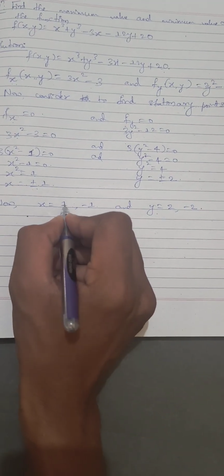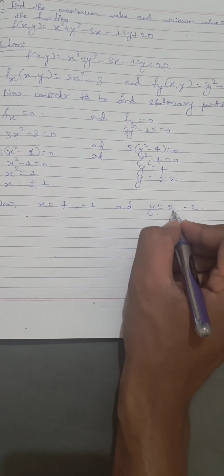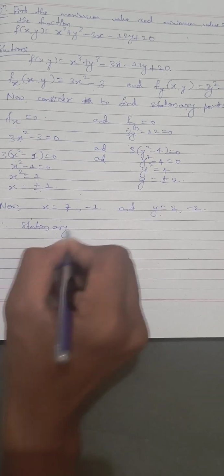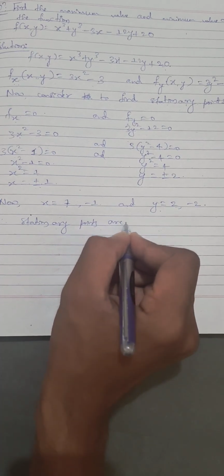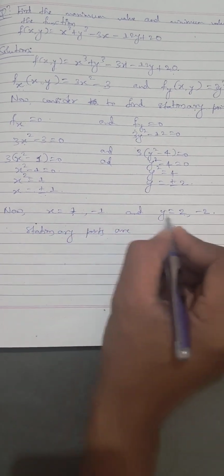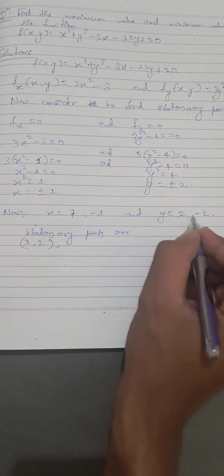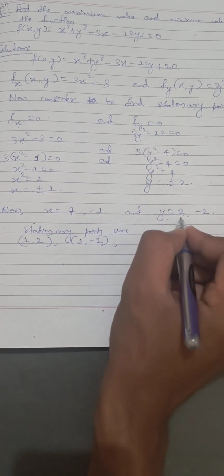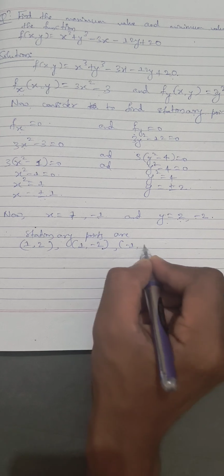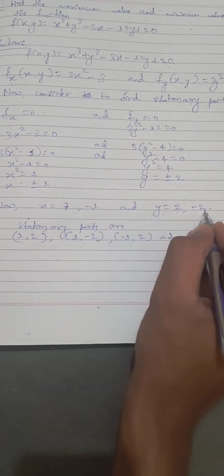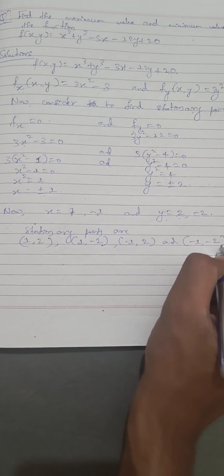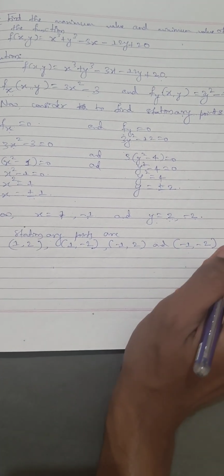Combine x equals 1 with y equals 2: 1 comma 2; 1 with minus 2: 1 comma minus 2; then the second value of x with the first value of y: minus 1 comma 2; and the second value of x with the second value of y: minus 1 comma minus 2. Is it clear? So these are the stationary points.